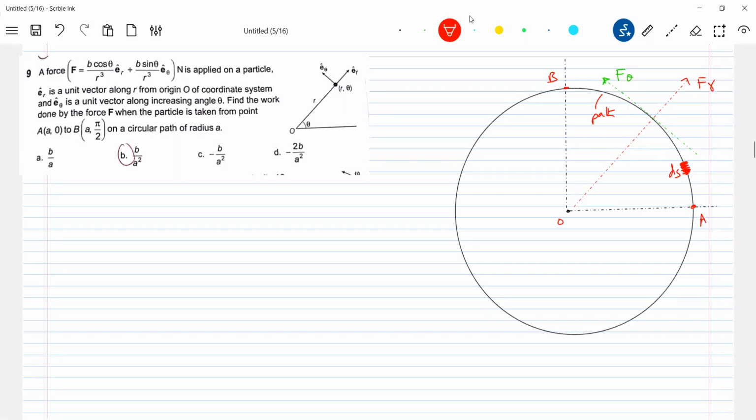So there are two forces, no? One is F tangential. What is F tangential? F tangential is B sine theta by r cube, in the theta cap direction. Work done by it we will calculate, the work done by the tangential force.